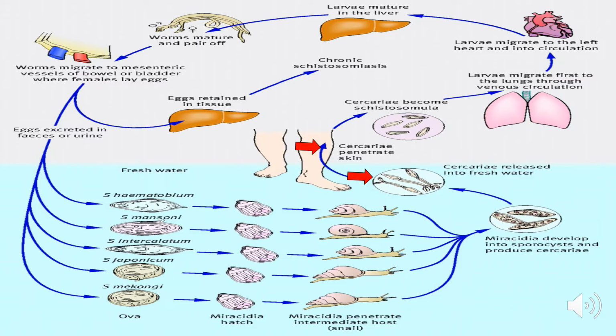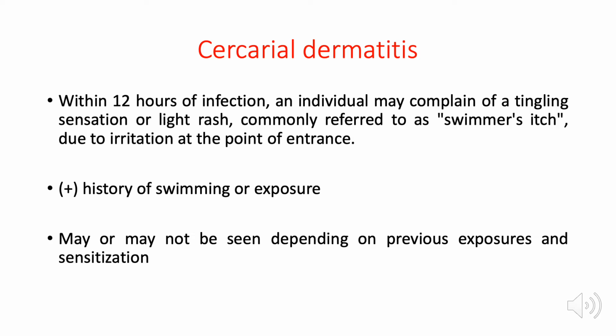So expect that one of the clinical manifestations in schistosomiasis will involve the skin. And we will call the condition cercarial dermatitis. And this one will start to manifest 12 hours after the skin was penetrated by the cercaria stage.